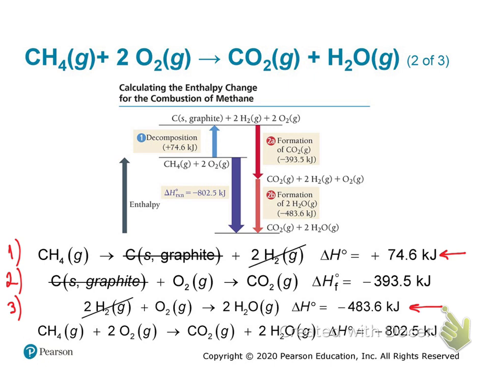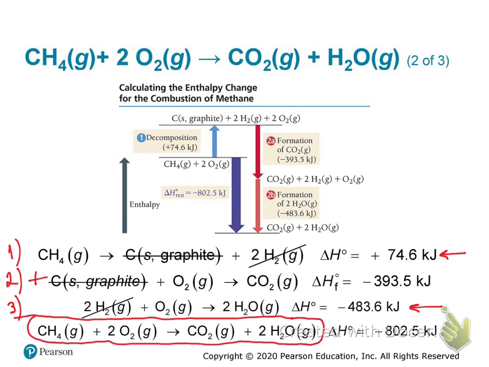So once we complete the transformations, what do we do? We sum the 3 equations. We confirm that we obtain the equation that we wanted to obtain. And we sum the enthalpies after the changes have been implemented.